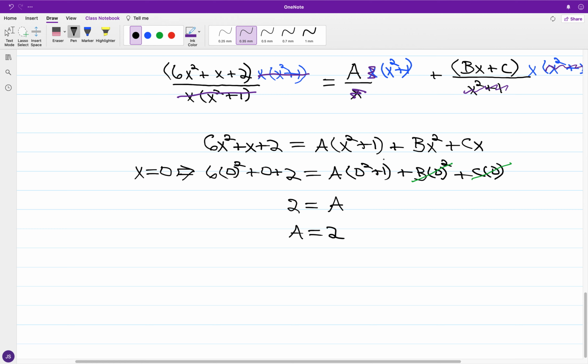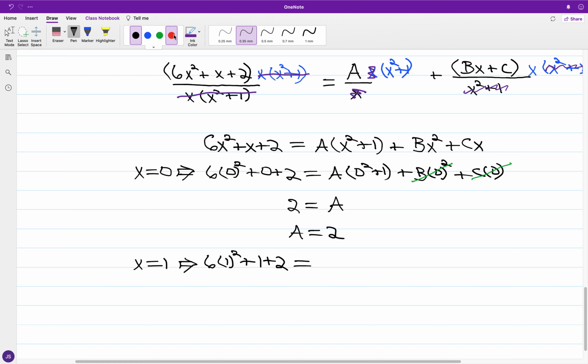Okay, and now, again, I have only one 0 that I can utilize, and what I can do is just choose random values for x. Let's say I choose x equal to 1. So I have 6 times the square of 1 plus 1 plus 2.